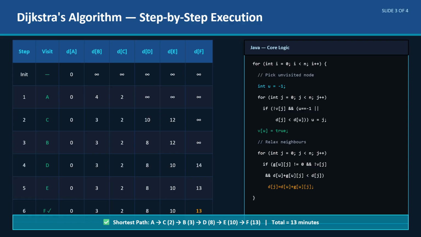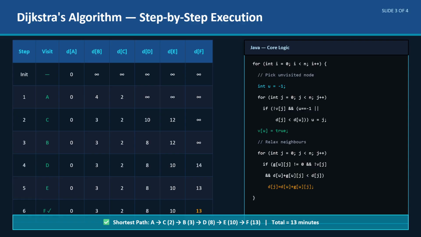We keep doing this until all nodes are visited, and whatever distance we have stored for F at the end, that's our answer, which means that is the shortest path in the city.